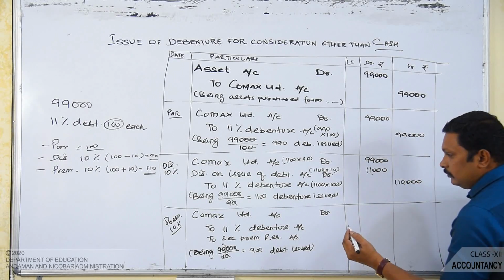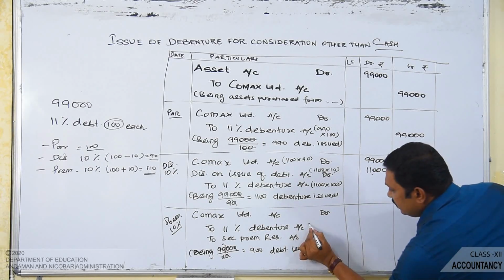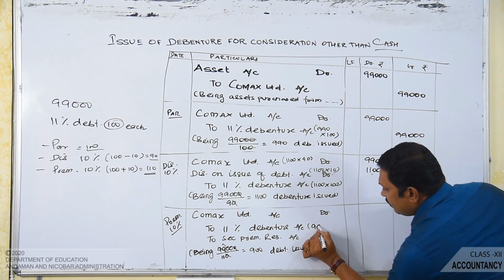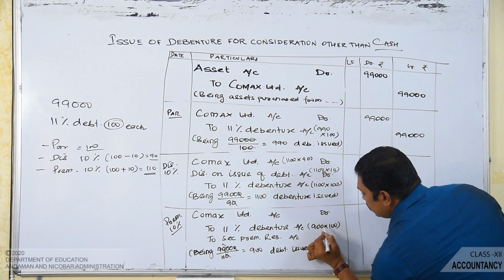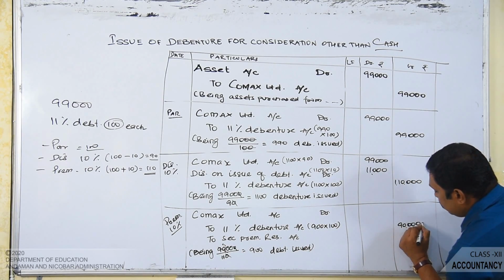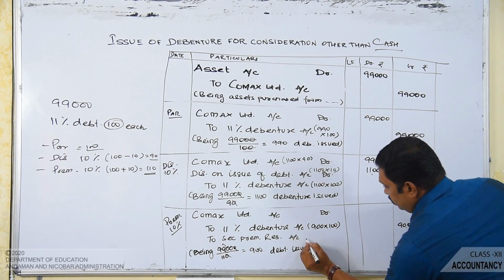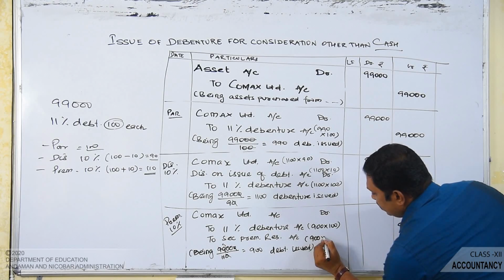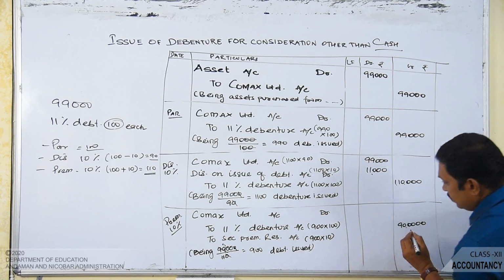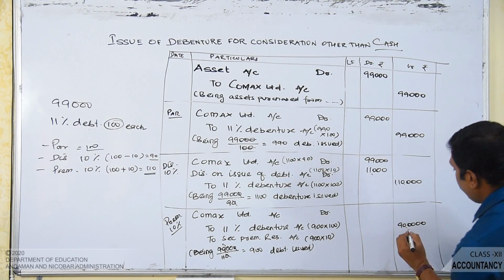So for Comax Limited, write the amount initially here first. 900 debentures were issued and the face value is 100, so 90,000 will appear in debenture. Okay, and then premium: 900 into 10, so 9,000.